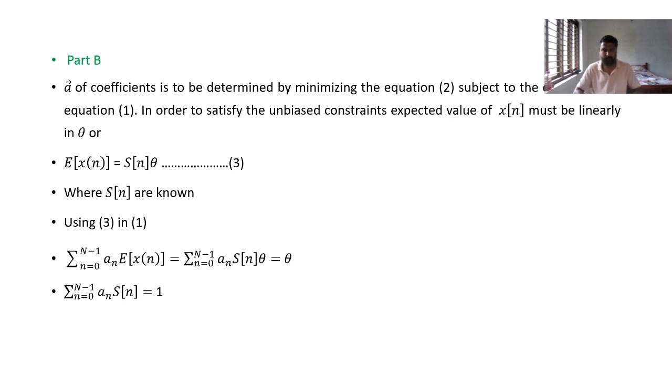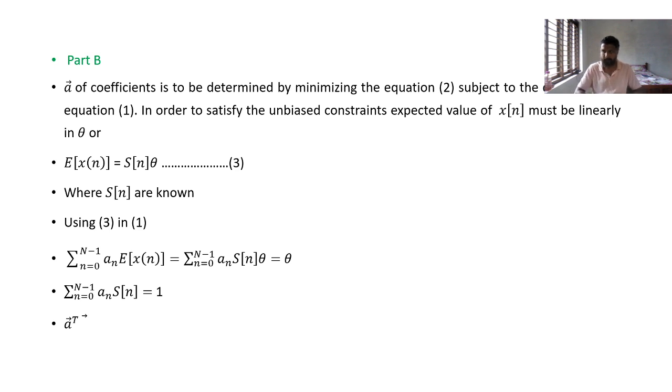In general, that is a transpose s, that is a transpose equal to a0, a1, a2, etc. up to a N minus 1, into s. That is a0 into s0, a1 into s1, a2 into s2, etc. up to a N minus 1 into s of N minus 1. I can rewrite this as a transpose s equal to 1.